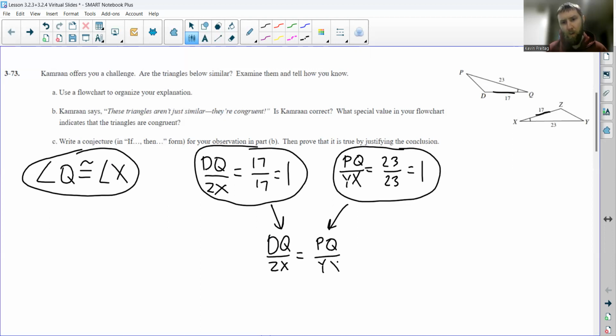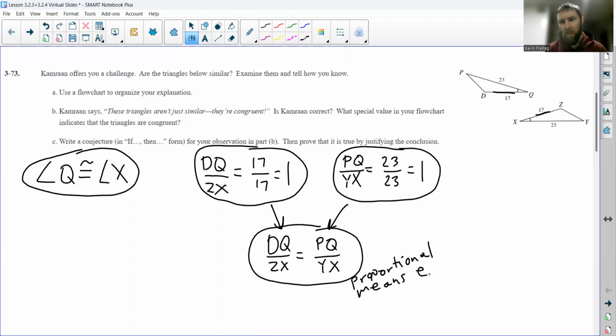I can make this proportion right there. How do I know those sides are proportional? Because proportional means equal ratios. So that'd be my reasoning for that one.